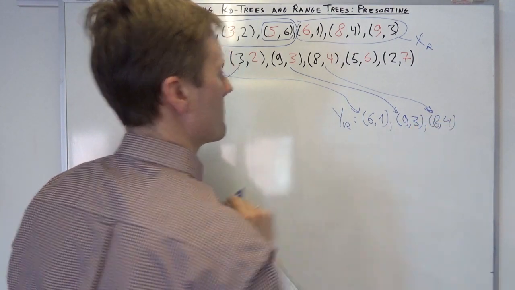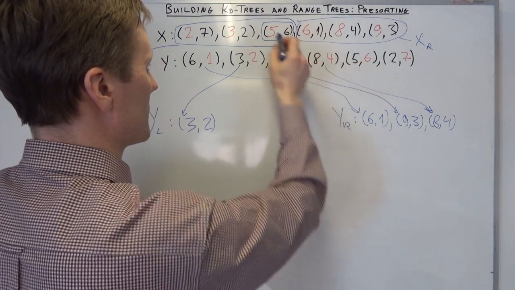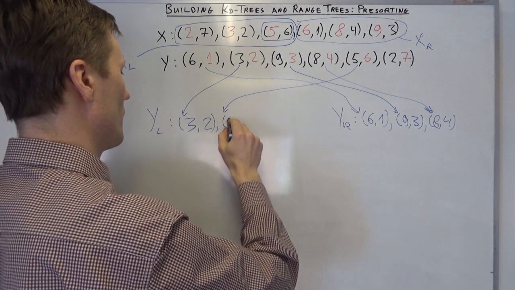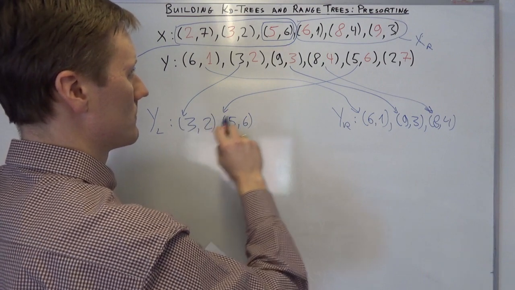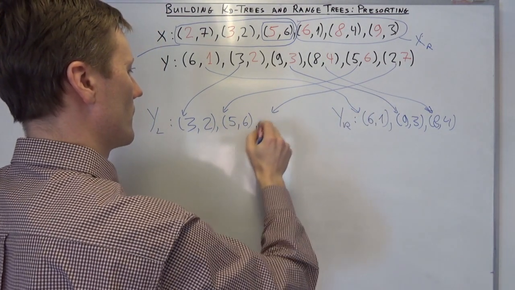And then 5 is equal to 5, so this goes here. And 2 is smaller than 5, so it goes here.